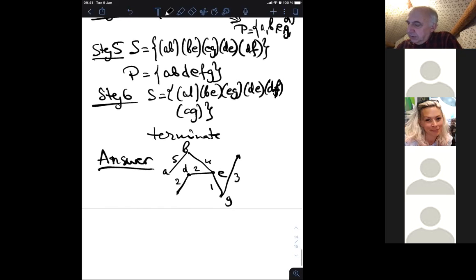So what is the total? I think it's not exactly the same tree which we got the previous time, but it probably has the same total weight. So 5 plus 4 plus 1 plus 2 plus 2 plus 3, which should be 17, and it is, yes.